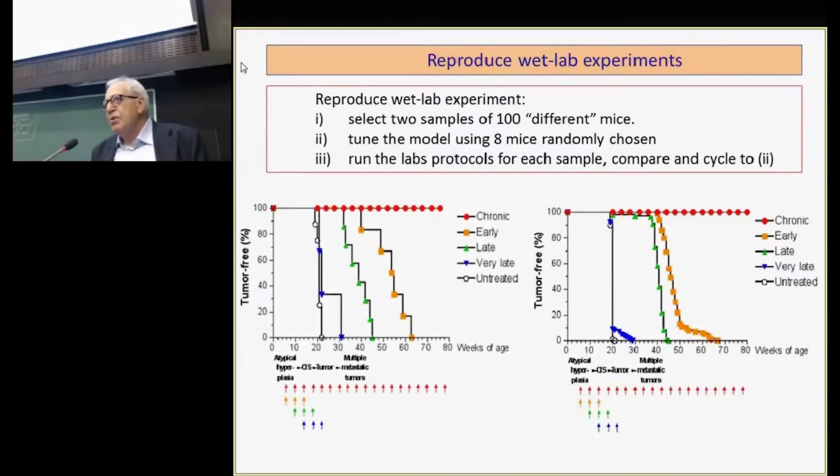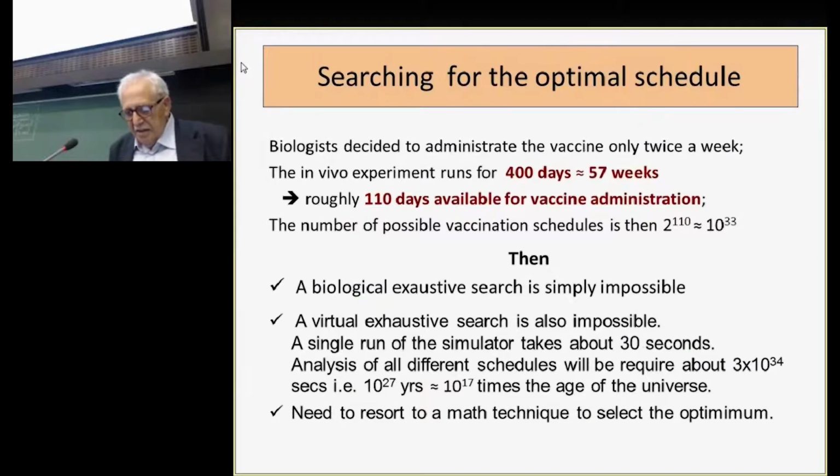So when we do the in silico experiments, we run them on 100 mice. Once we have done that, we were ready to check all the different protocols. But you cannot run all possible protocols, because even on computers it takes too long.